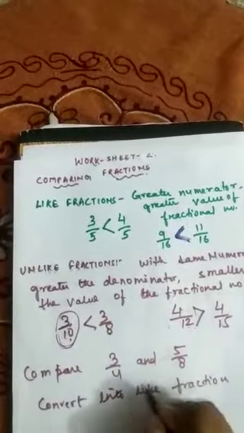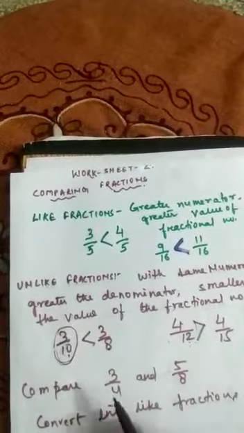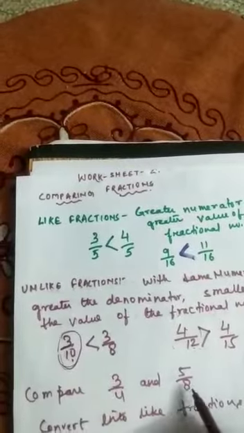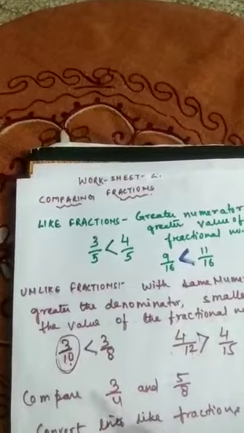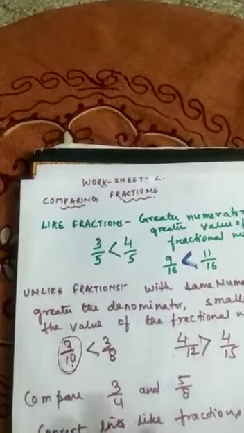What are like fractions? The fractions which have the same denominator. The two denominators here are different, so we have to convert them into the same denominator, into like fractions.